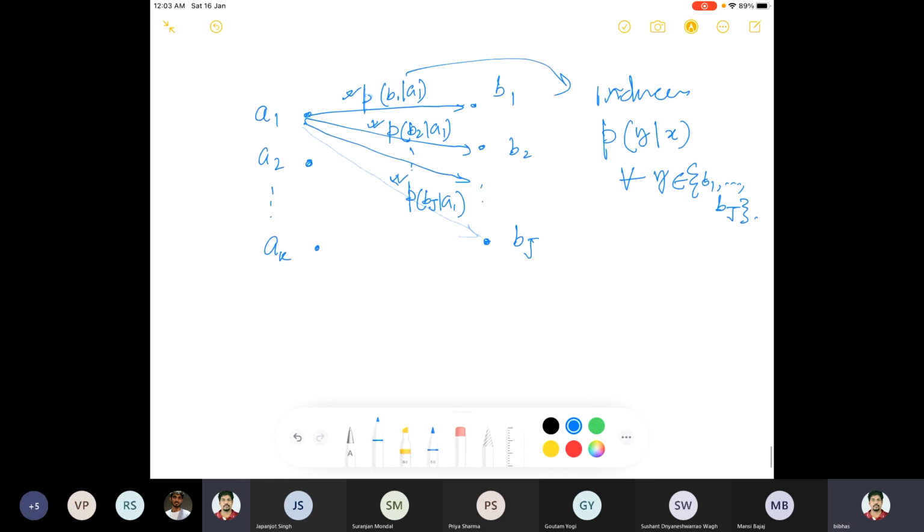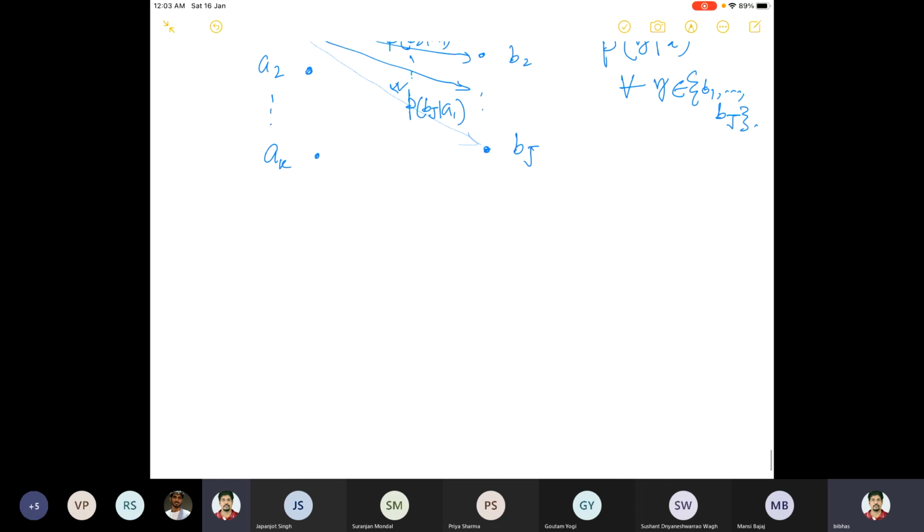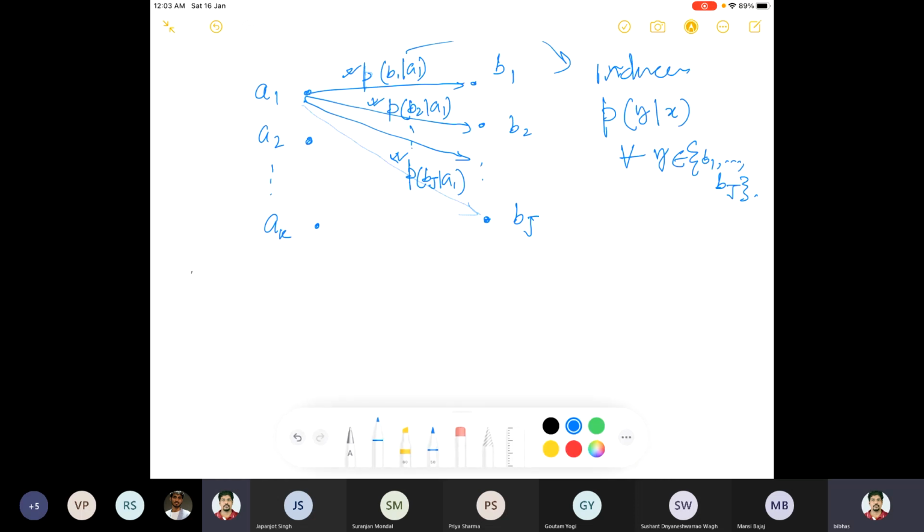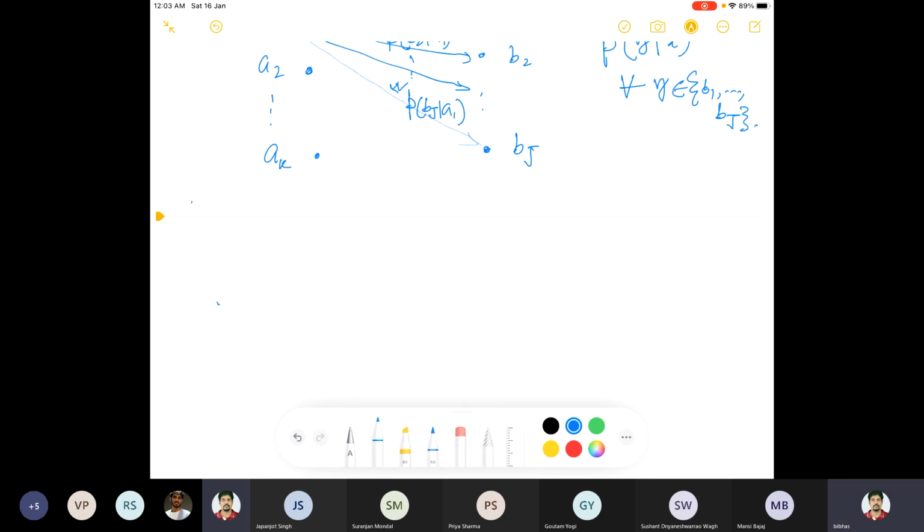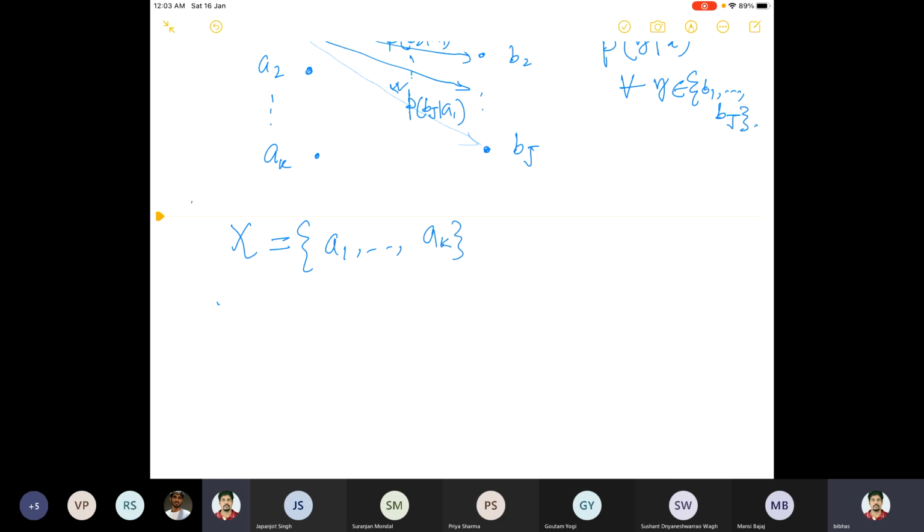So my X equals A1, A2, up to AK. This is my alphabet. Sometimes we also call the alphabet the sample space.